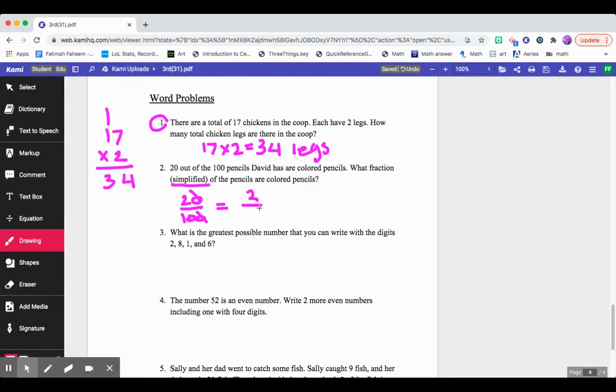Then it's 2 out of 10. And you can simplify one more time. Just divide by 2. 2 divided by 2 equals 1, and 10 divided by 2 equals 5. So 1/5 of the pencils are color pencils.